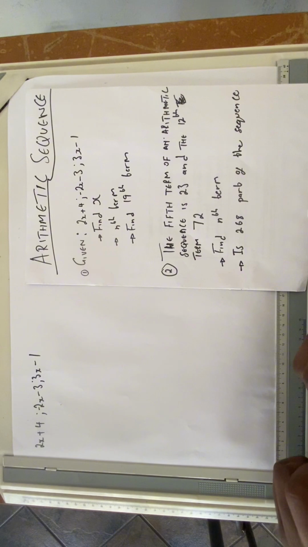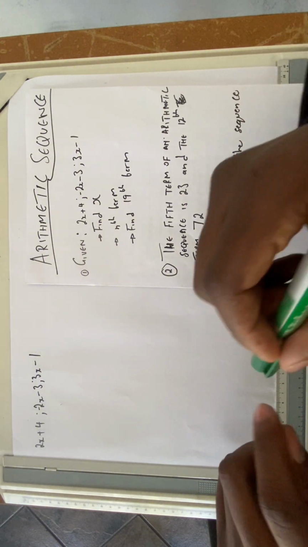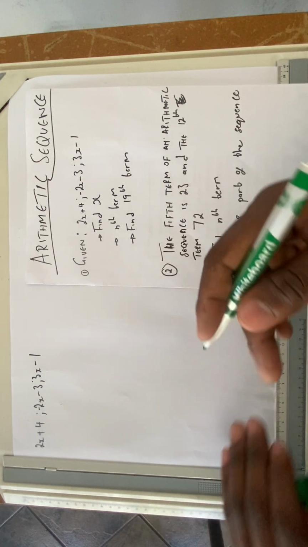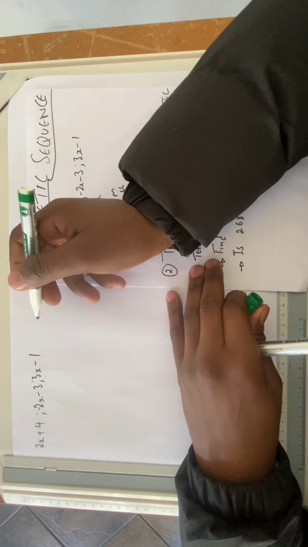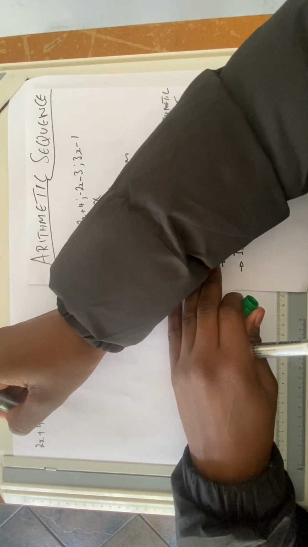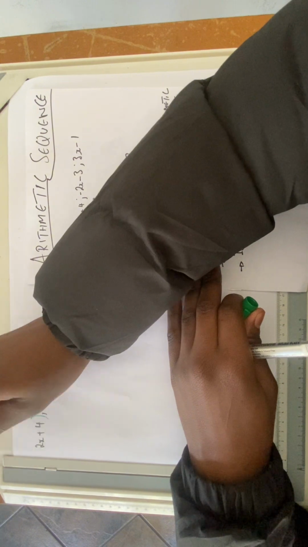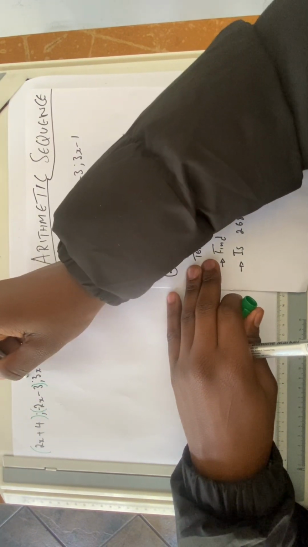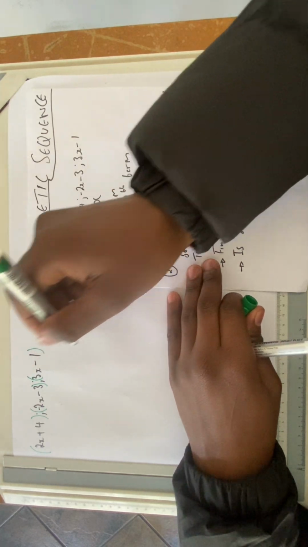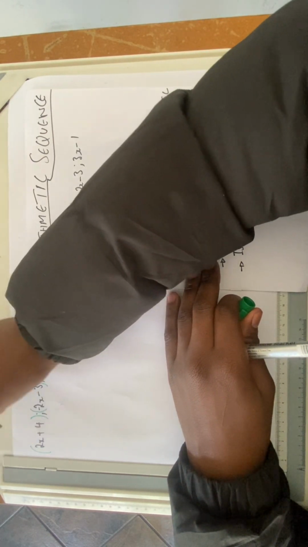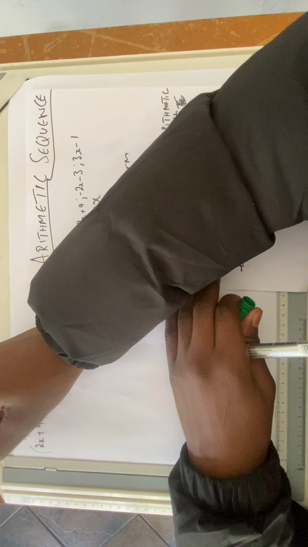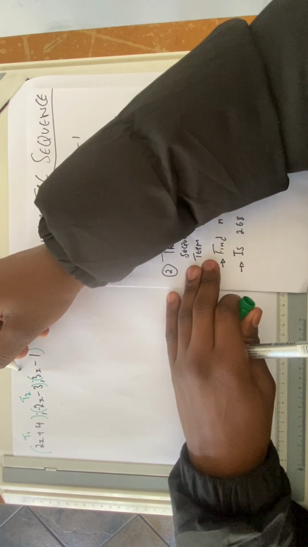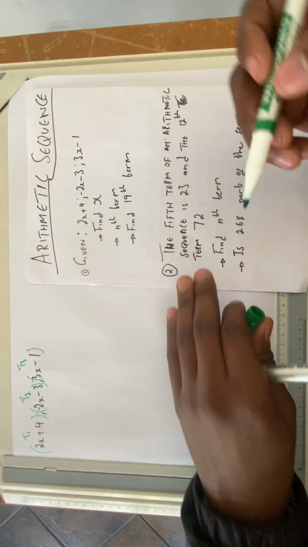With this being what we have been given, my advice to you, the first thing you are going to do is pack them in such a way that you understand what you have been given. So you can make use of brackets. You can put a bracket here, and a bracket here. What does this help you with? It helps you identify that when they have given you this, you will know and remember that this is term number 1, this is term number 2, this is term number 3.